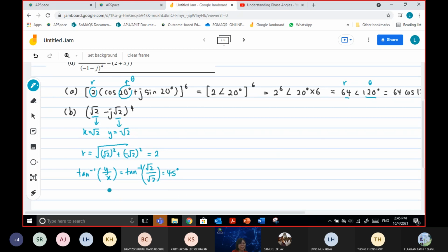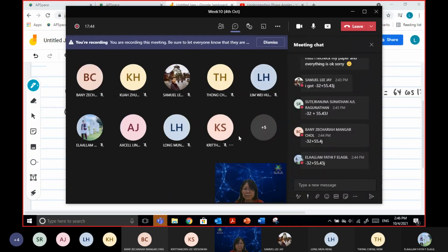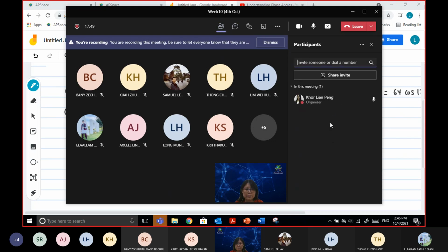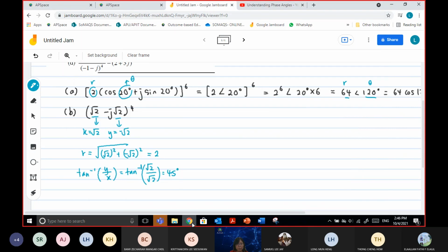Now, may I know what the quadrant is? Can I have someone tell me? Okay, Kaifeng, what is the quadrant for x positive, y negative?